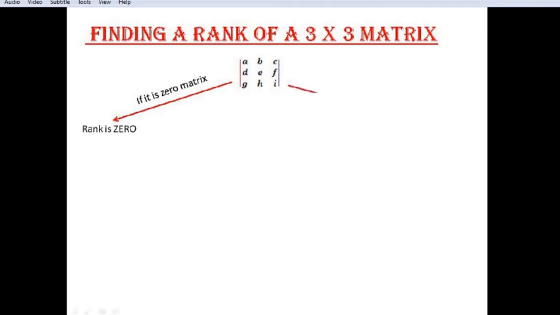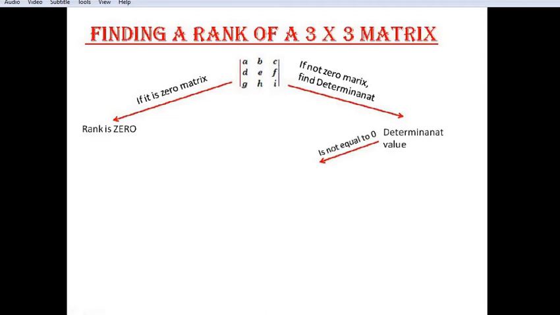If not, you have to find its determinant value. If the determinant value is not equal to 0, put rank as 3, because it is a 3 by 3 order determinant.